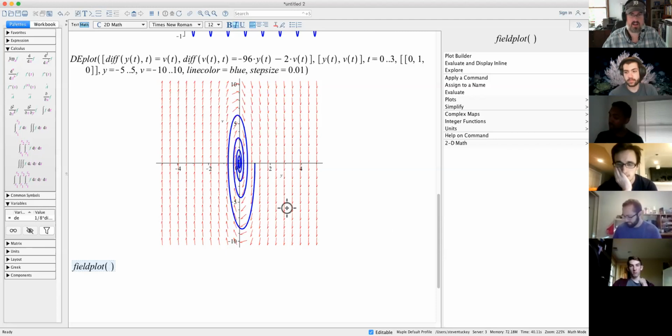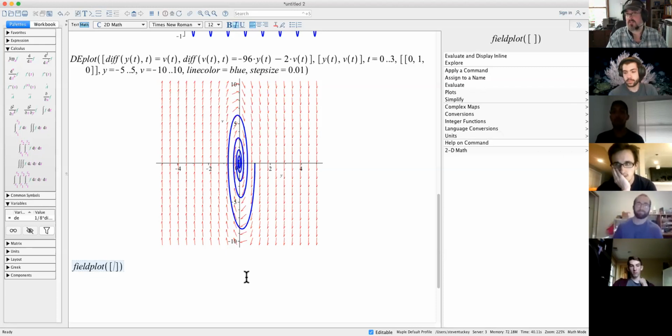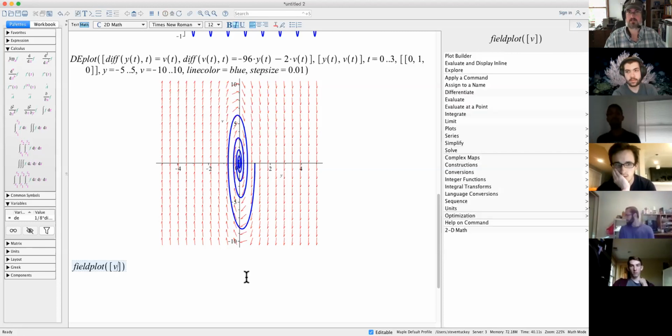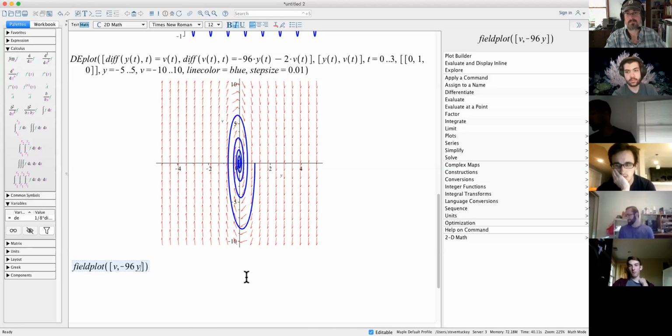So field plot, again, I'm going to type in my equations, but for a field plot, I don't have to type in the full equation. I just have to type in the right-hand side of the equation, and they don't even have to be functions. So my first equation, remember, was dy/dt equals v, that's the right-hand side, comma, the right-hand side for the other equation was negative 96y. That's it.